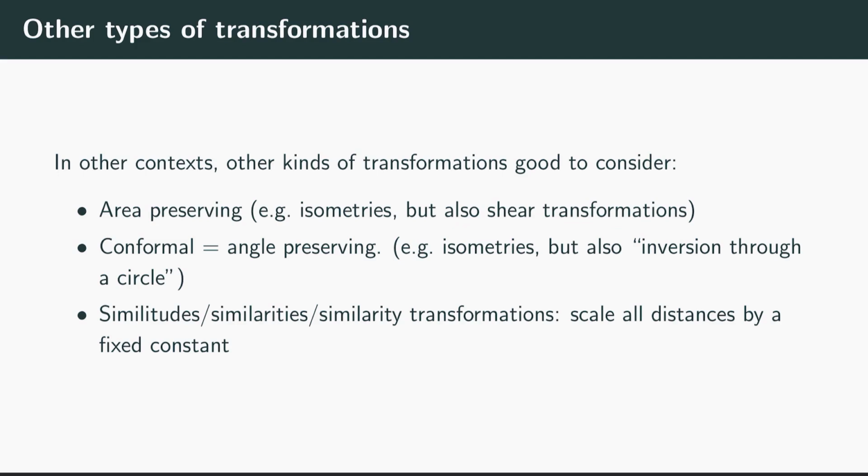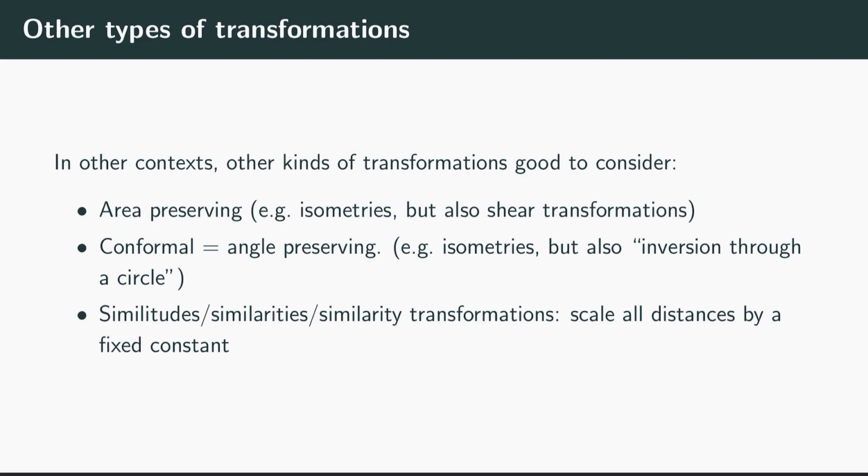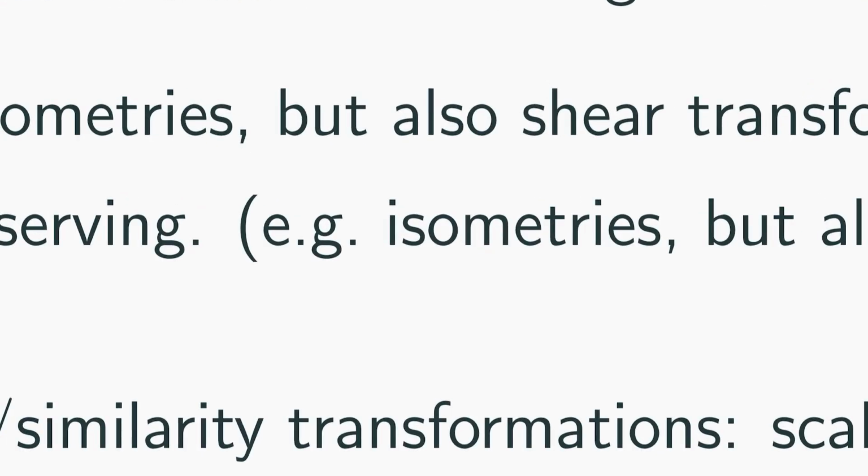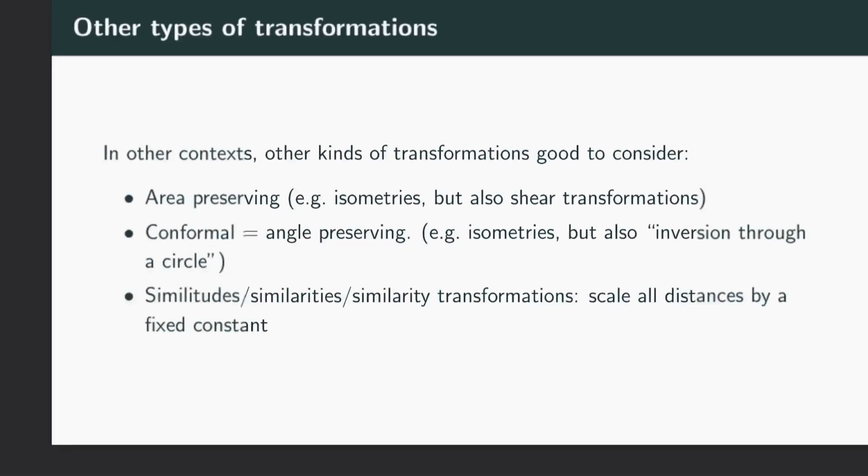And then there's something that, depending on the author, is called either a similitude, a similarity, or a similarity transformation. This is something where instead of preserving distances, it scales all the distances by a uniform amount. So for instance, what I just did to the screen is an example of a similarity transformation. I just scaled all the distances by the same amount.